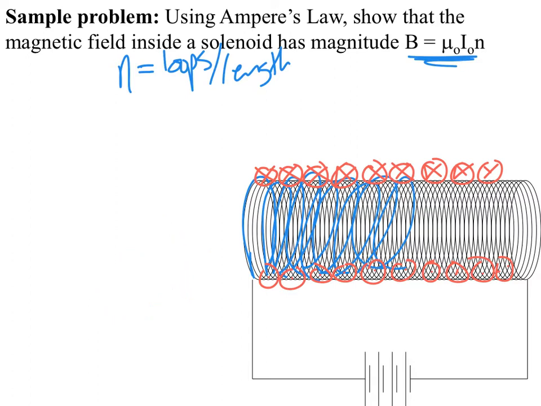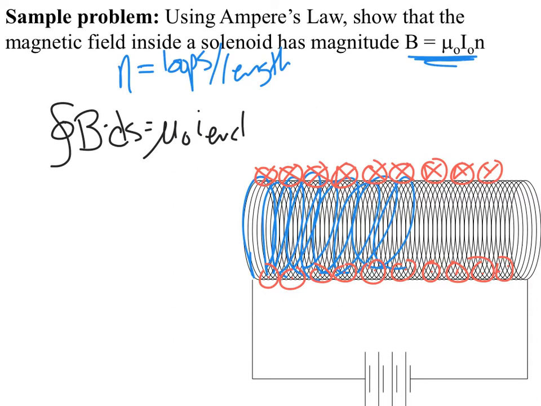If I'm going to use Ampere's law and get something useful out of it, I really want to be able to enclose some current. That's how I'm going to get the best use of this equation. So I need to find a way to enclose current.